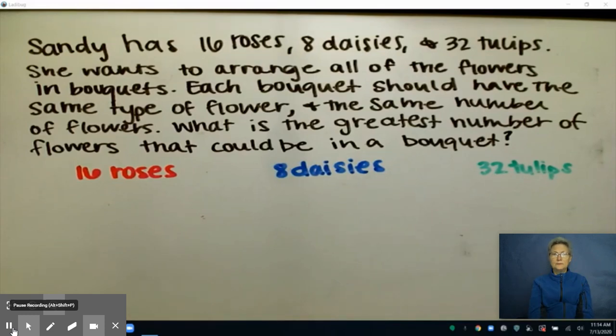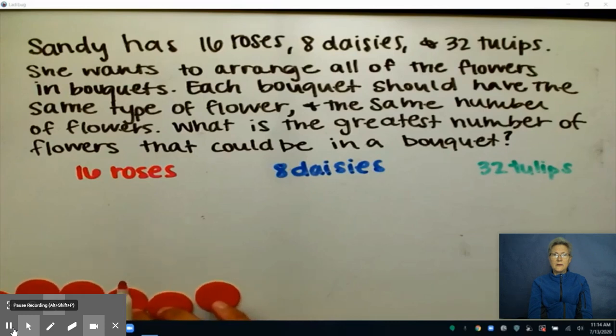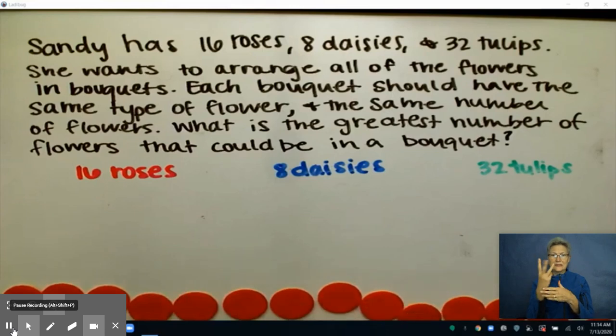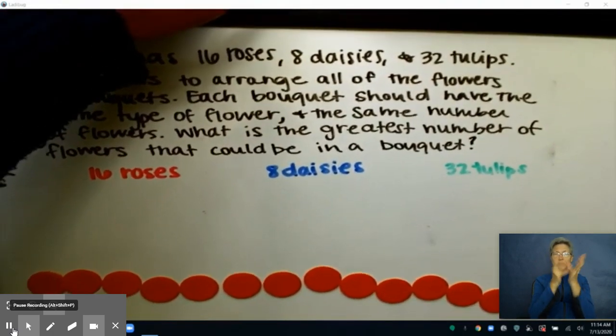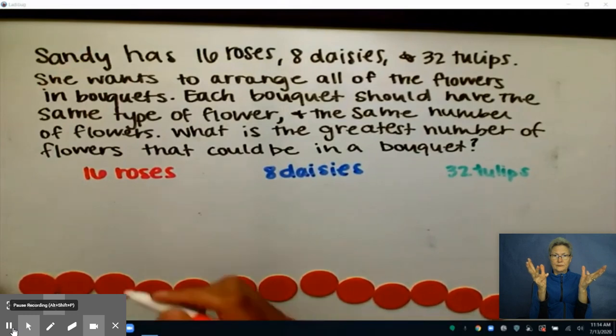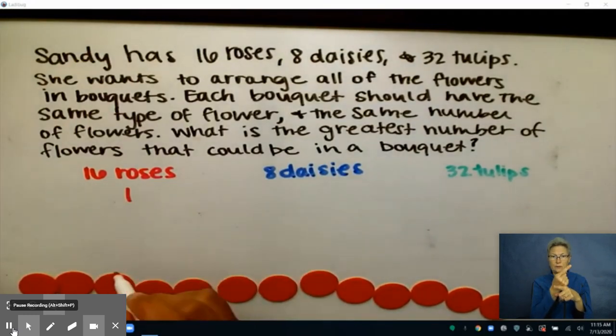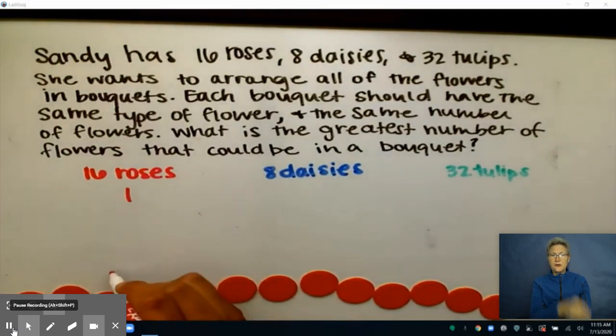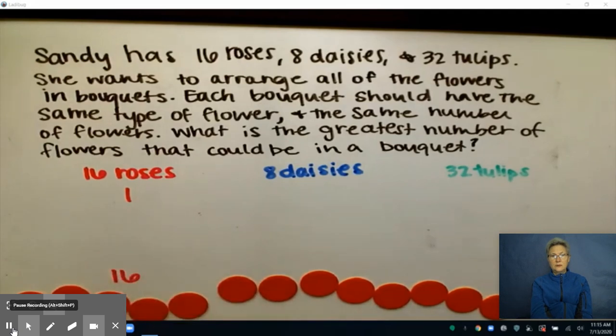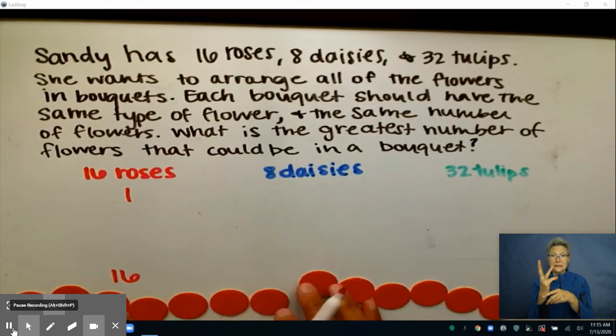So let's start by looking at 16. And I've got some counters to help us initially here, and then we might move away from those counters. So I've got 16 counters here, and that helps me understand that I could have one bouquet of 16 flowers, right? 16 roses. So I could have one bouquet of 16, or I could have 16 bouquets of 1 rose.